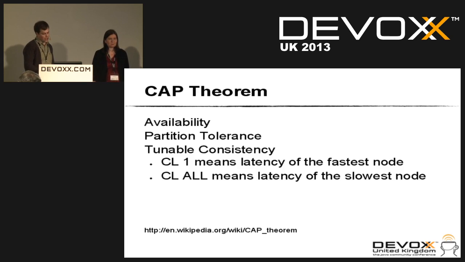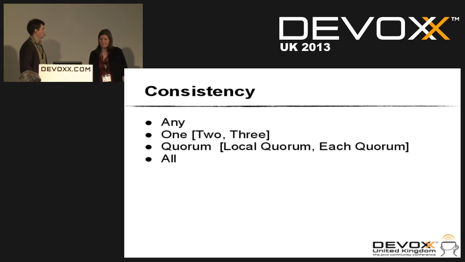As an example, you can choose between a consistency level of 1 or a consistency level of all. If you choose 1, the quickest node to write the data will return to the client and say success. If you choose all, then it'll be the slowest node to write the data. Kim will explain further on the next slide.